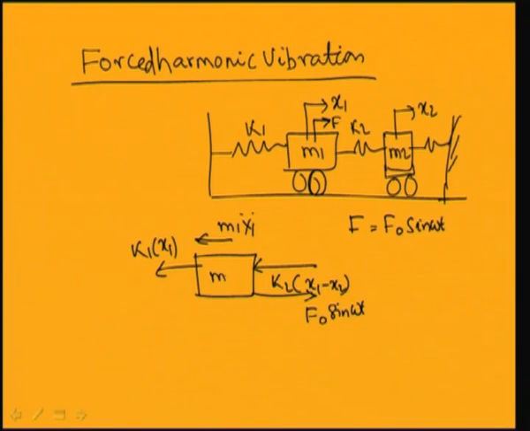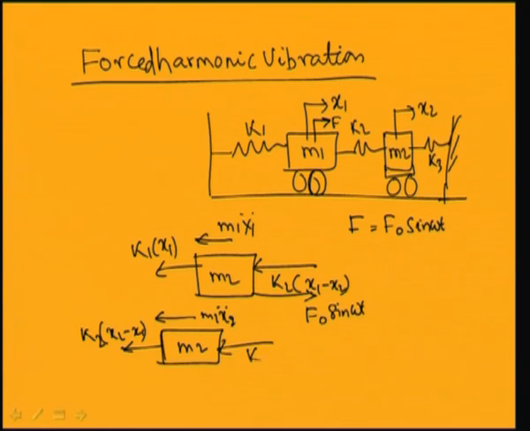But for this mass m2, the free body diagram is the same as before. So this is equal to m2 x2 double dot, then K2 into x2 minus x1, and this side it is equal to K3 into x2. So the equation of motion you can write in this form.